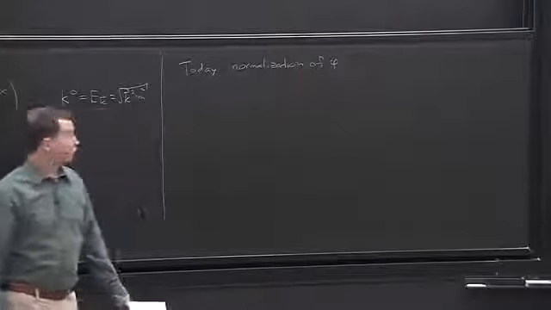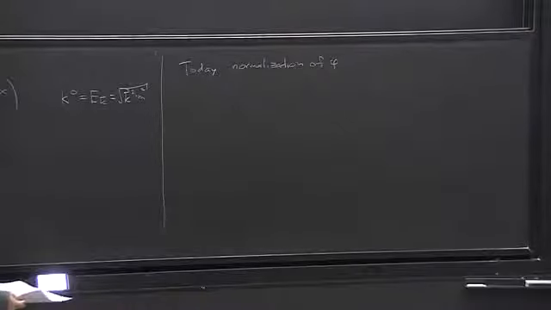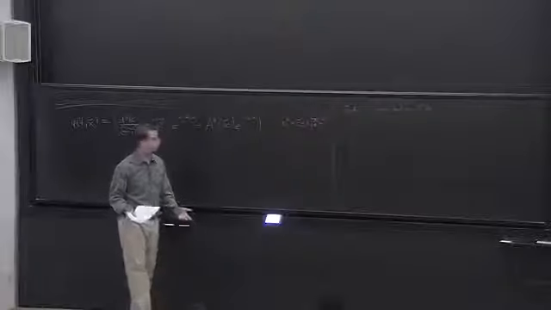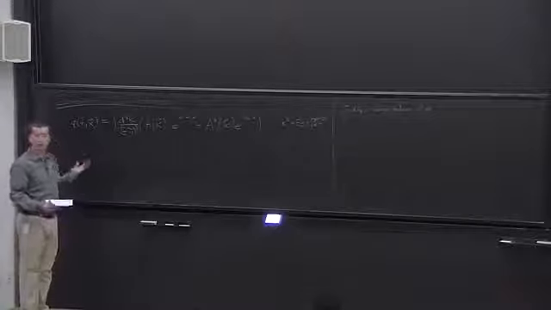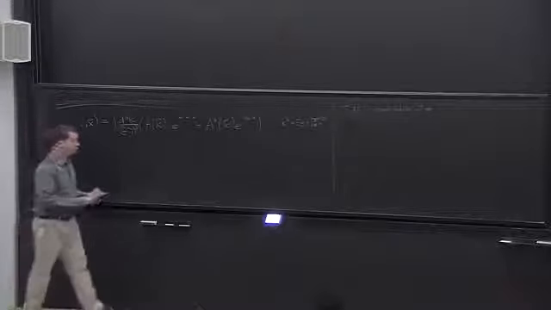Then we're going to canonically quantize this field. In a procedure very analogous to what you're used to from non-relativistic quantum mechanics, we'll promote, instead of the position, the field and its conjugate momentum to operators.